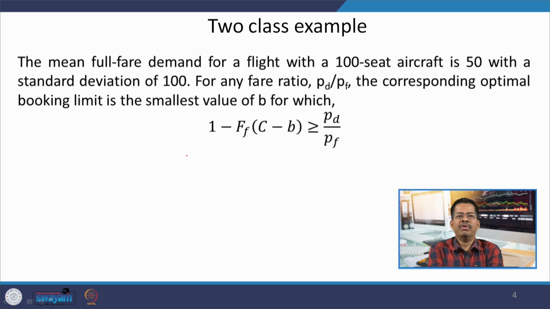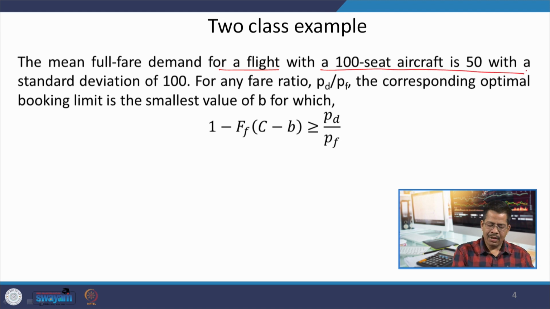Now, moving further to have some other kind of examples in these two class categories. The mean full fare demand for a flight with a 100 seat aircraft is 50 with a standard deviation of 100.